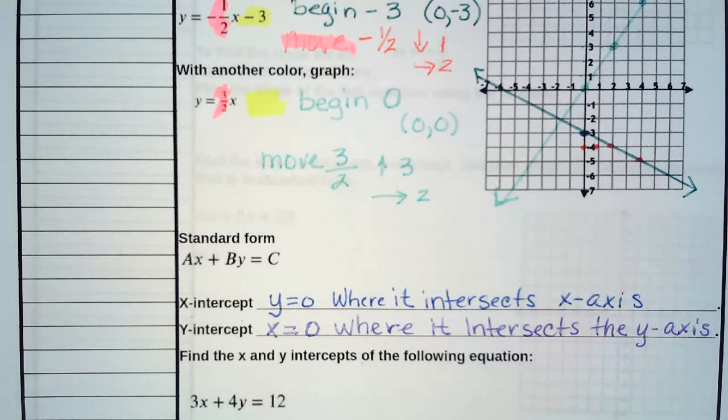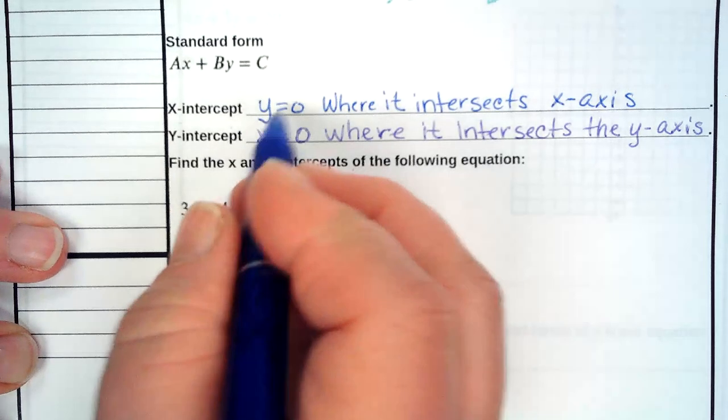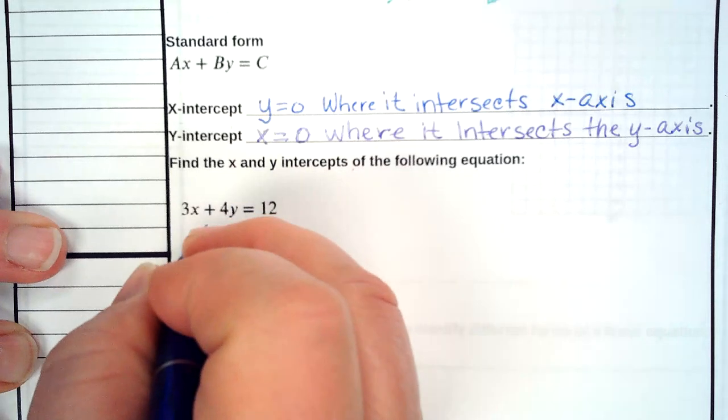Okay, so we're going to find the x and y intercepts of the following equations. So for the x-intercept, this is where y is equal to 0.